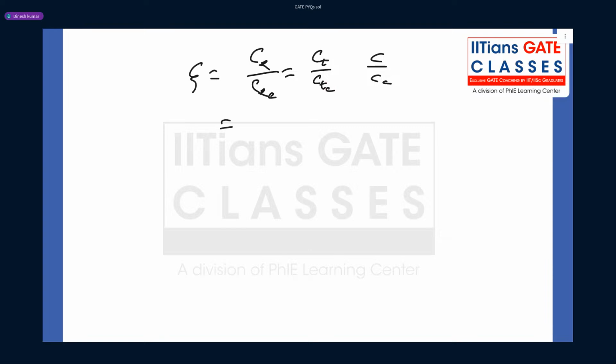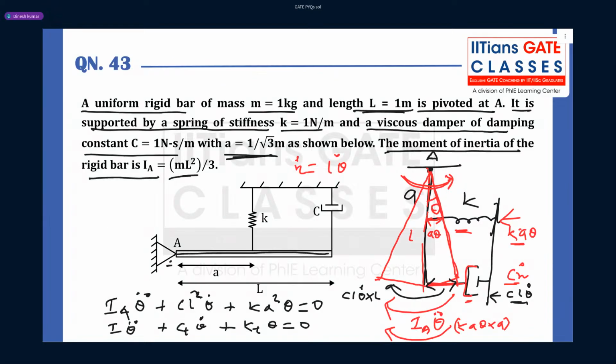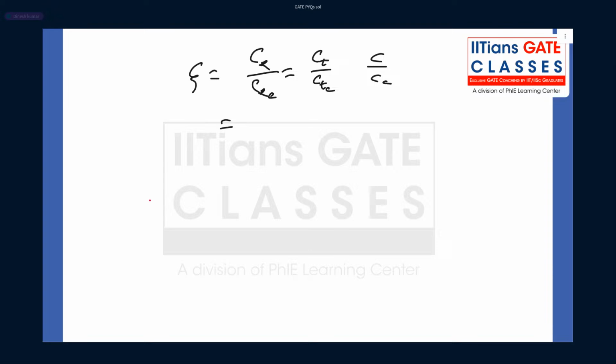Now guys, what is the Ct in our problem? Ct is nothing but C L square. So just write it down, C L square. Now what is Ctc?